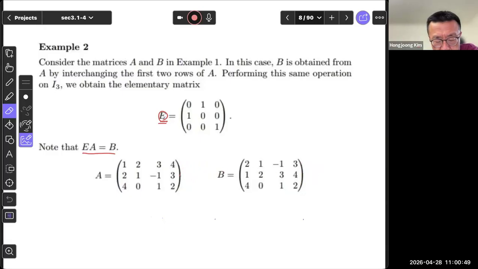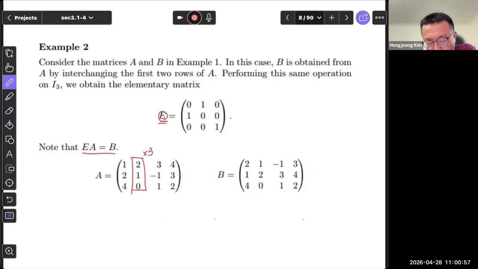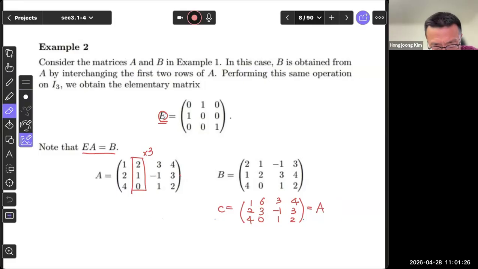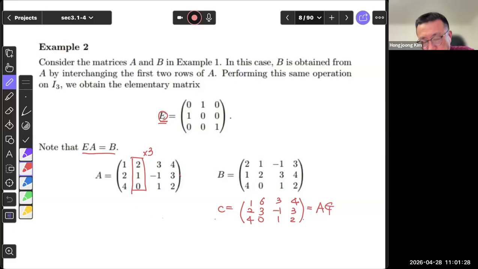Given A matrix, if I multiplied 3 to the second column, we obtain C matrix. The C was 1, 2, 4, 6, 3, 0, 3, negative 1, 1, 4, 3, 2. And in case of C, we obtain C from A by multiplying G matrix in my previous notation.